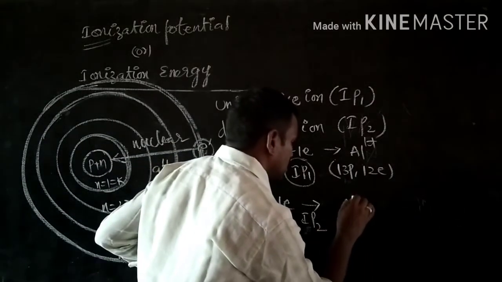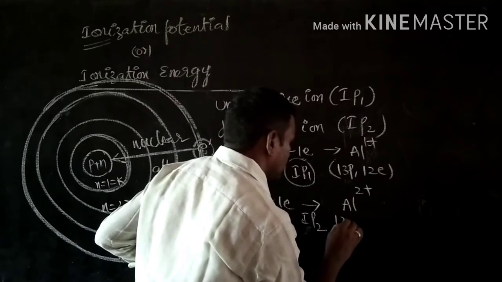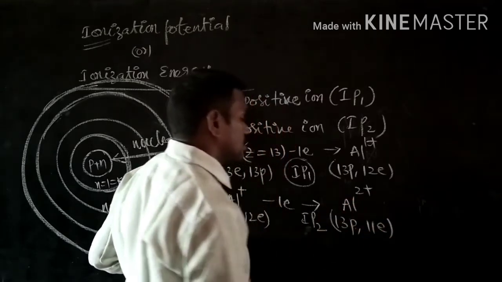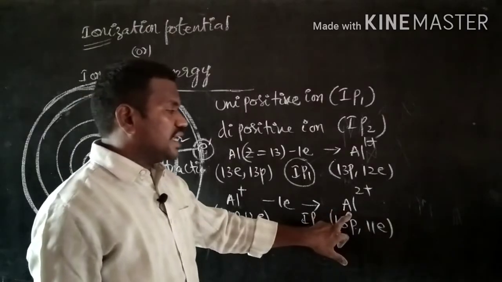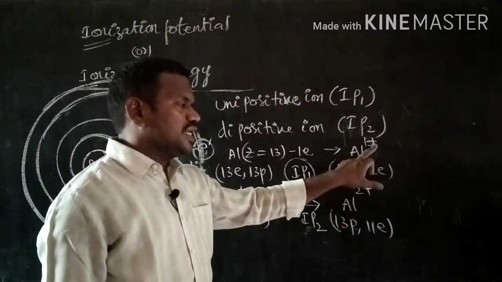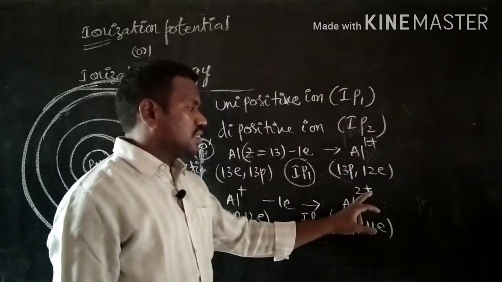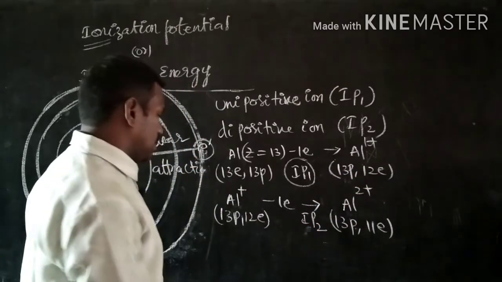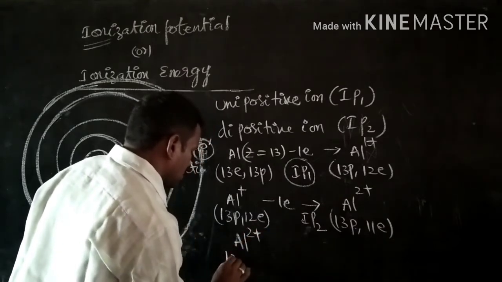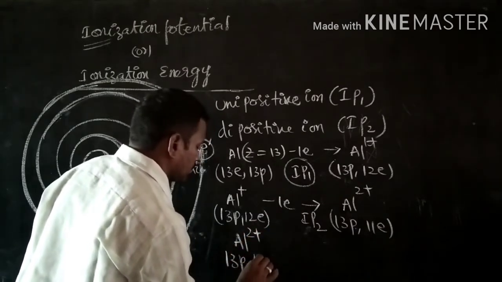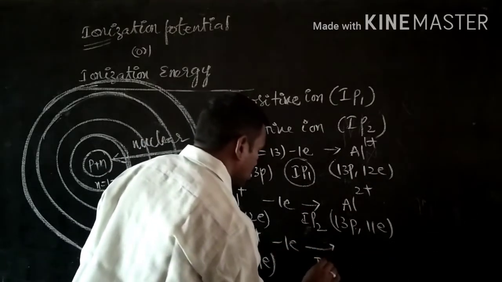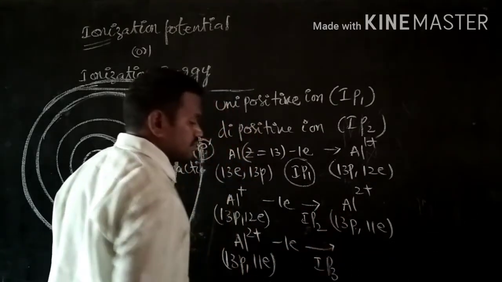Now it becomes Al2+ with 13 protons but 11 electrons. This is called the di-positive aluminum ion. Uni-positive aluminum ion, di-positive aluminum ion. Now the di-positive aluminum ion with 13 protons and 11 electrons is ready to lose one more electron, that is IP3.